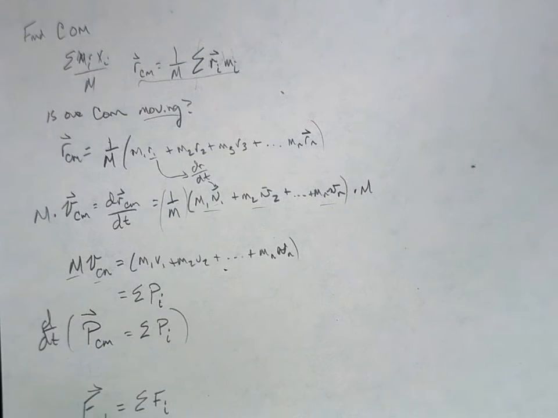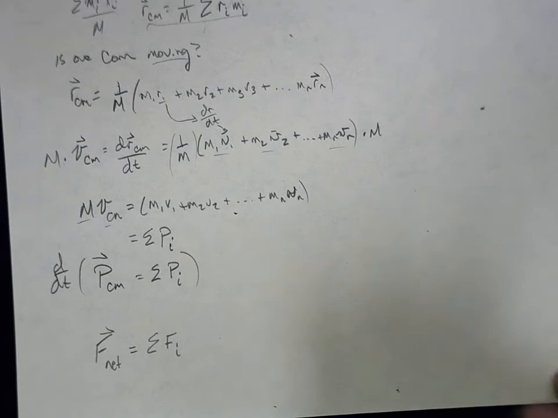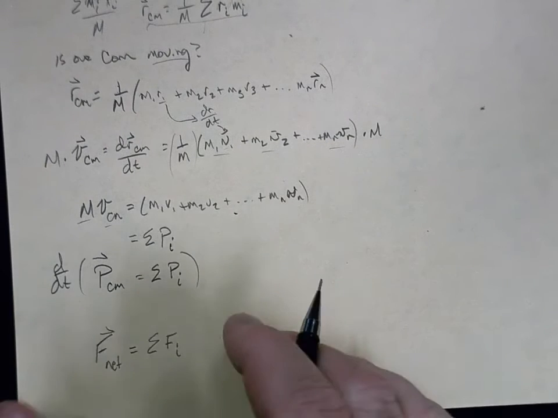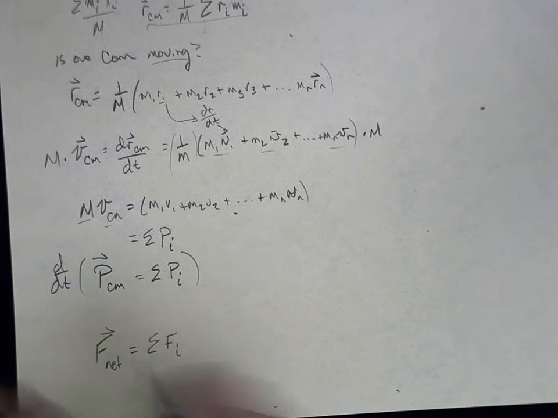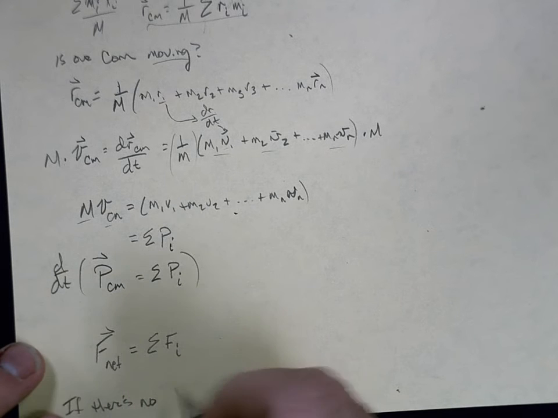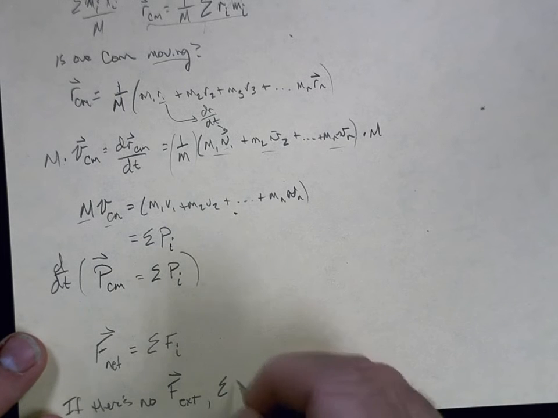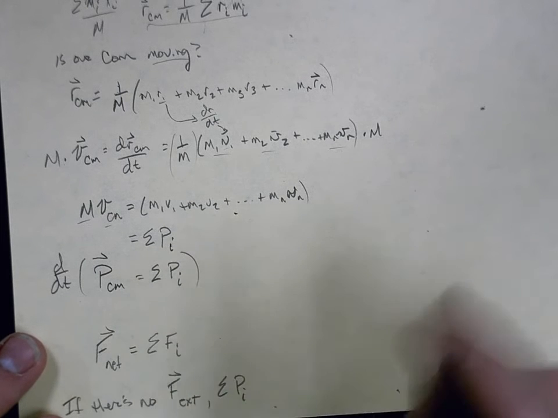All right, now, if there is no external net force, okay, so what if there's no net force? If there's no external force, then the sum of the momenta is going to be constant.